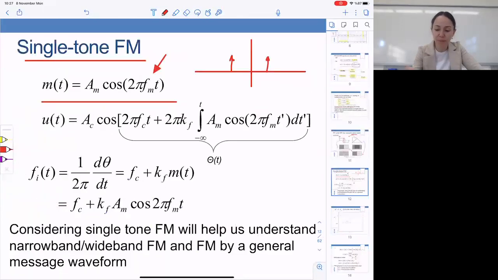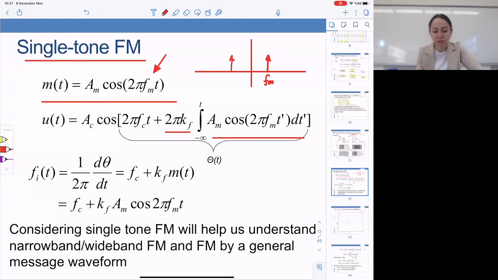In this case, though, I didn't draw this very well. In this case, f_m is going to be the message bandwidth. All right, so now in the FM, we have 2π k_f times the integral of m(t) from negative infinity to t, right?